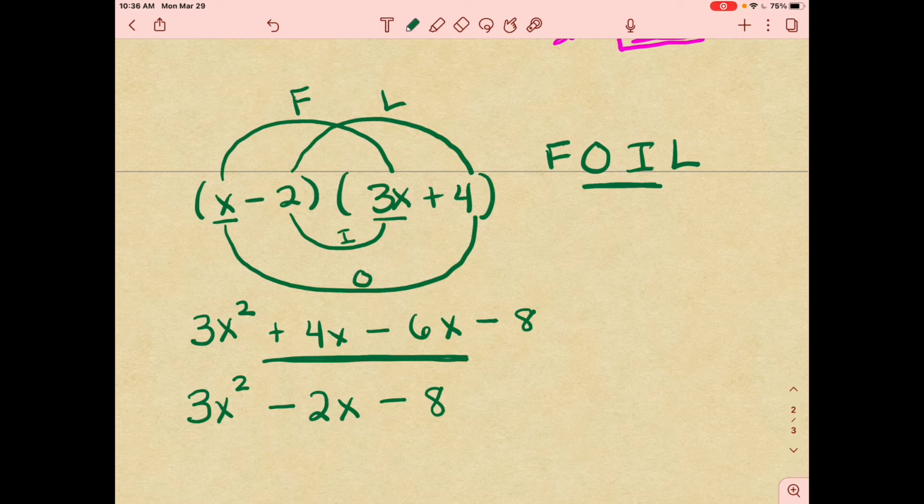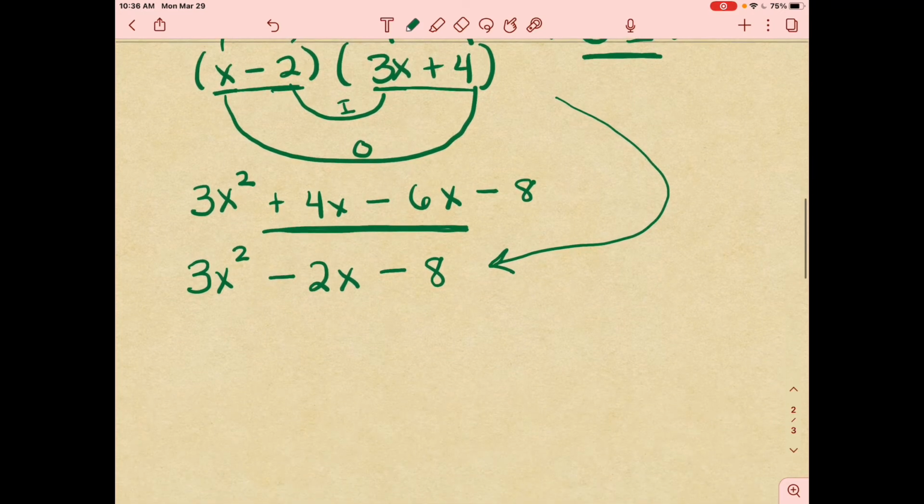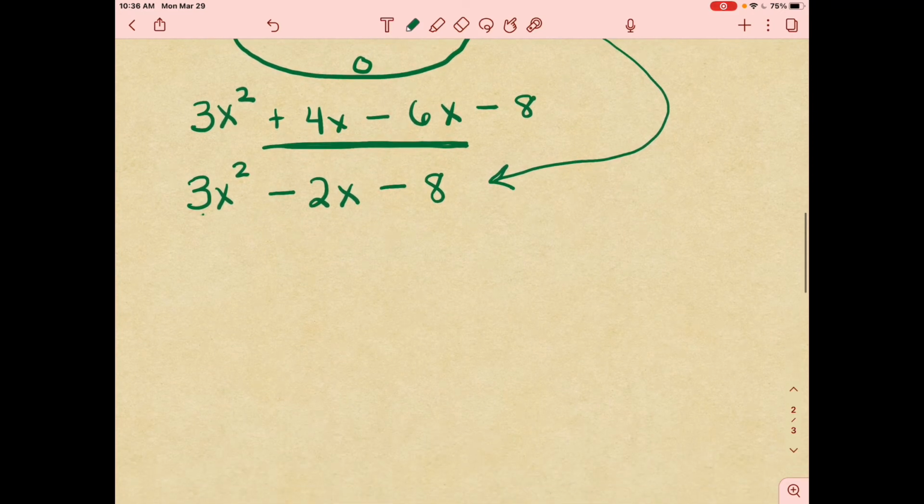So we have multiplied two linear binomials, and they have made one second degree trinomial. And we're going to have fun with that later. The leading coefficient is 3, that's going to be significant. And the constant is negative 8, that's also going to be significant. We can know a lot of things about what's happening from those numbers.